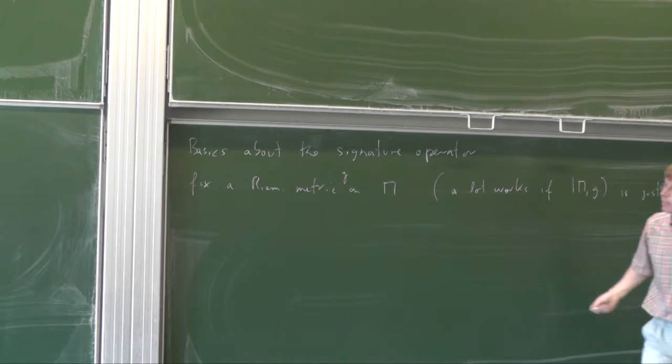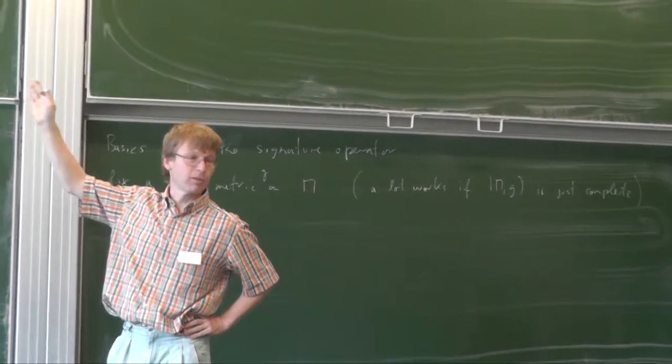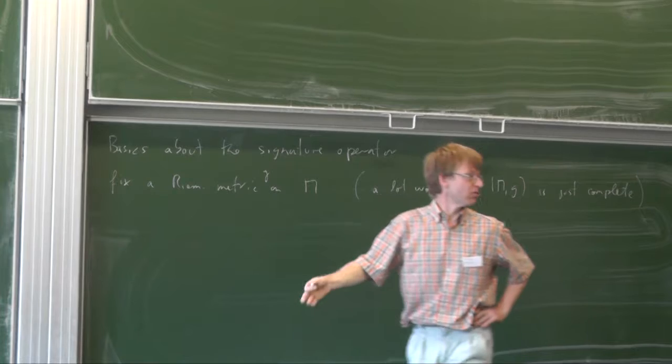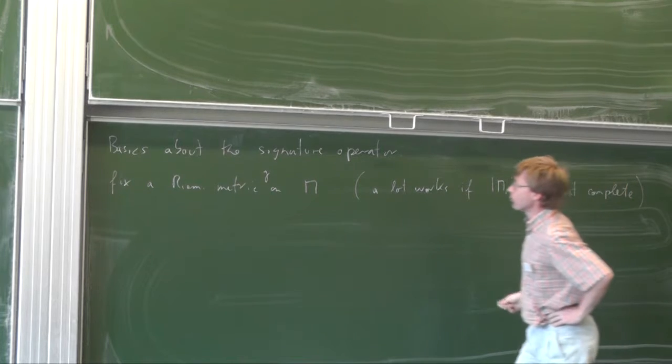Not necessarily compact. This is good news because at some point we pass through this universal covering, which is typically not a compact manifold, but certainly a complete one. Okay, so, and we have this orientation.